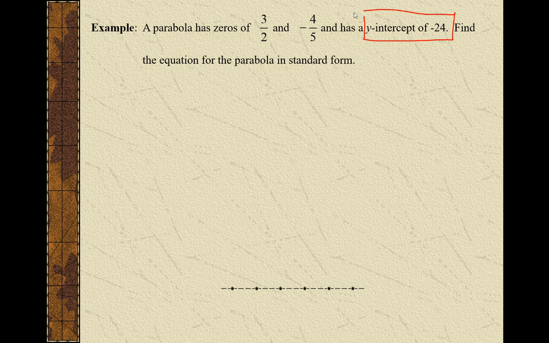Halves and fifths, decimals wouldn't be too bad. If there was thirds or sevenths here, things are going to completely fall apart. So we need another level of cleverness to come up with what factor would produce a 0 of 3 halves.